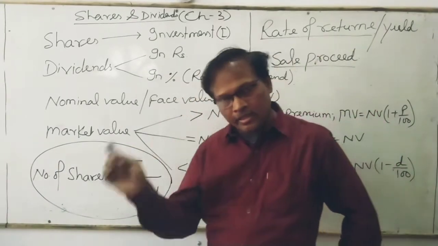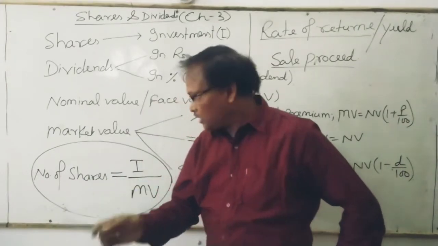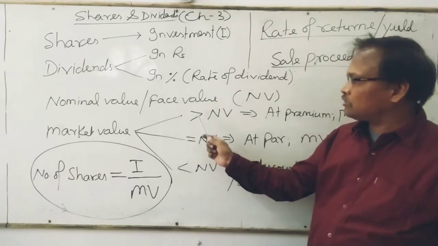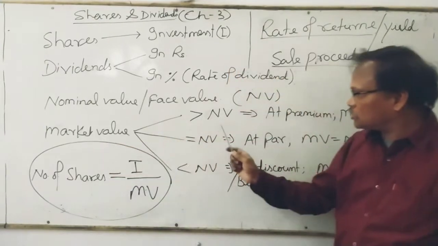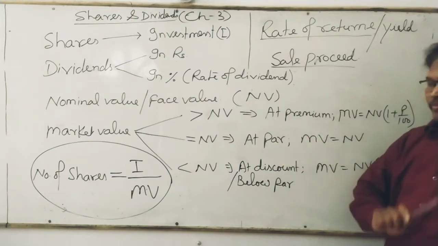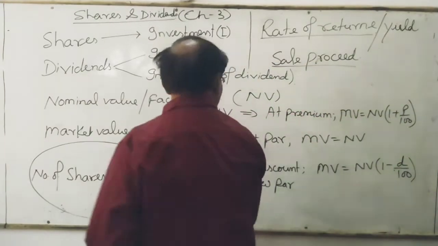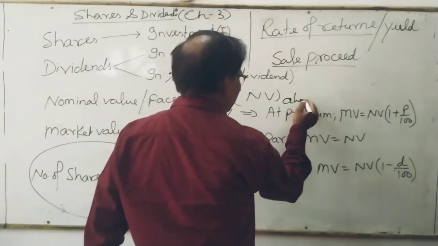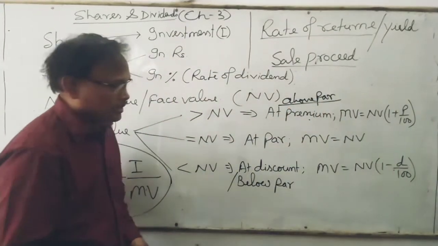Market value can change, can fluctuate. कम भी हो सकती है, ज्यादा भी हो सकती है. तो in that case market value is more than the nominal value. तो this market value is known as at premium. इसको कहते हैं at premium. यह above par, इसको above par भी बोला जाता है. Okay, both are same.